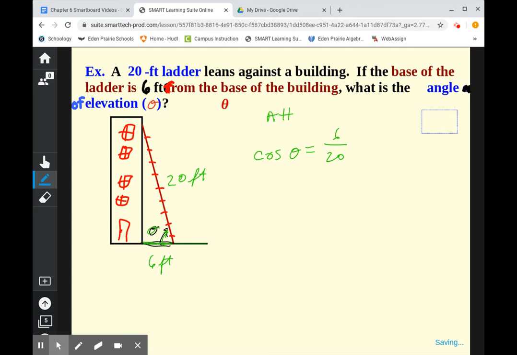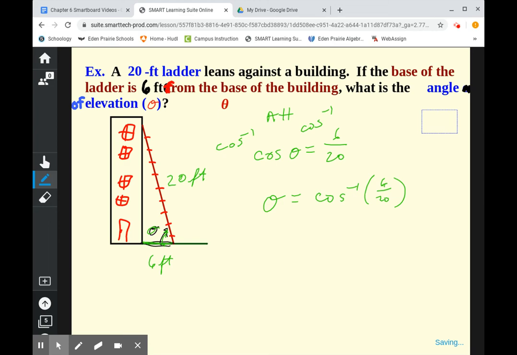Now to solve for theta, we're going to take the inverse cosine of both sides. That leaves me with theta equals inverse cosine of 6 over 20.